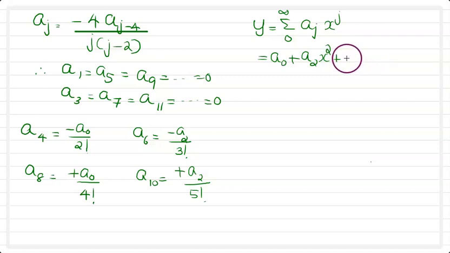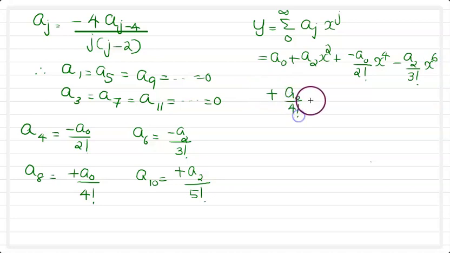So next term will be a4 x raised to 4. a4 is in fact minus a0 by 2 factorial into x raised to 4 plus a6 is minus a2 by 3 factorial into x raised to 6 plus a8. a8 is a0 by 4 factorial into x raised to 8. Next is a10. a10 is a2 by 5 factorial into x raised to 10 plus etc.